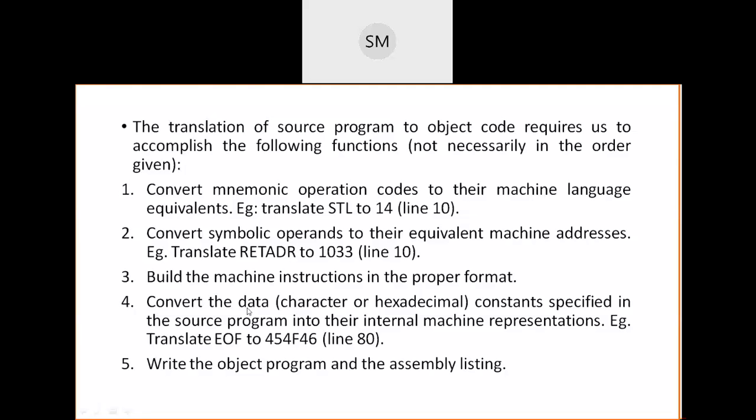How are you converting it? I already told you. For example, suppose there is a character constant EOF. I think you have done one program, string 1 and string 2, with the character constant VSMIT also, right? Here in my example, I am going to translate the character constant EOF, which indicates end of file. One by one you take the characters E, O, F, and search for E in Appendix B. There you will get its equivalent internal machine representation.